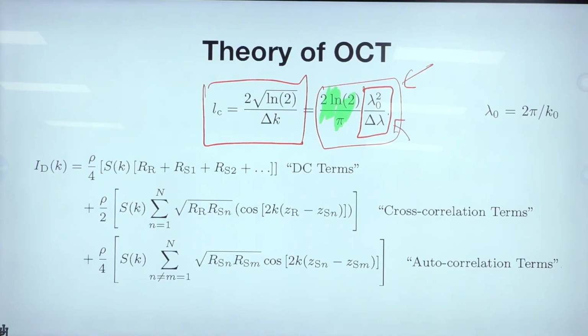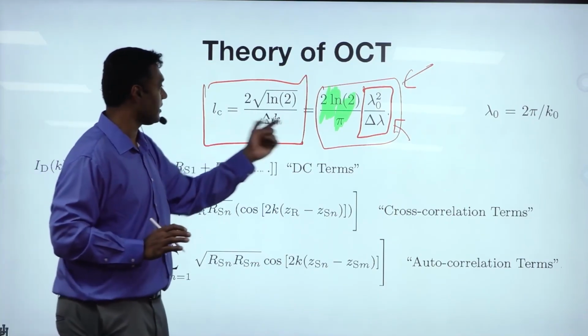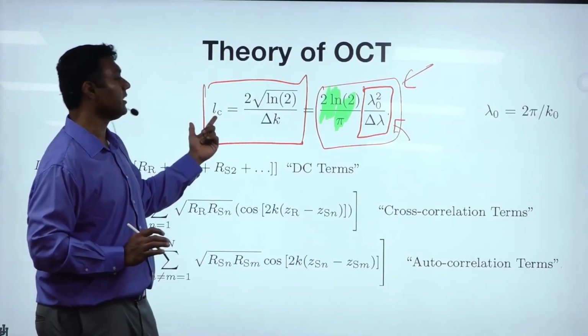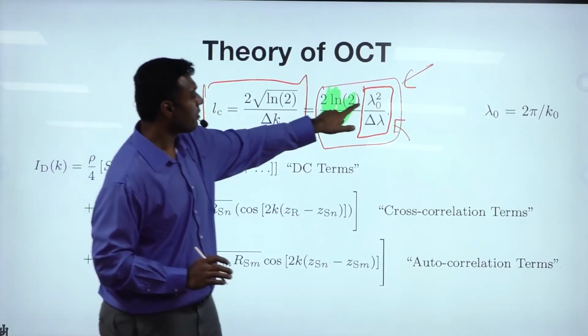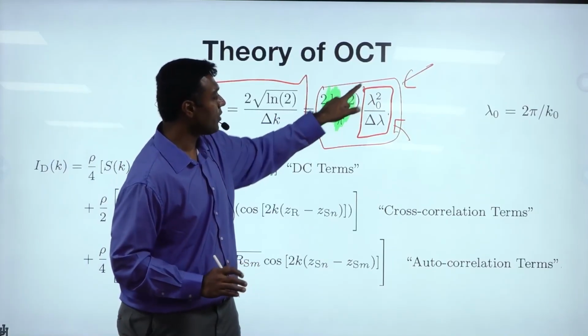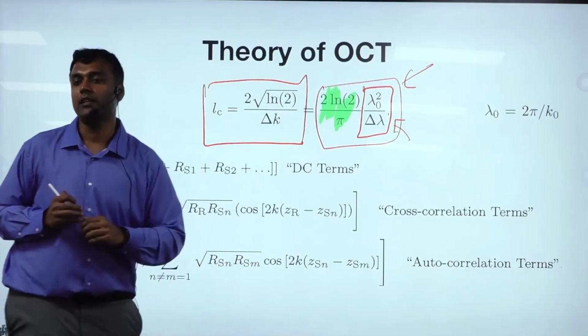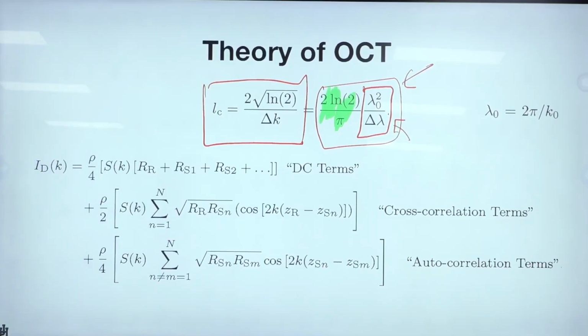The crucial thing is there are some constants which come from the theory, but the most important part is this LC, which is essentially the resolution along Z for your OCT. It is proportional to lambda naught squared divided by delta lambda. So what does this mean? Lambda naught here is the central wavelength.